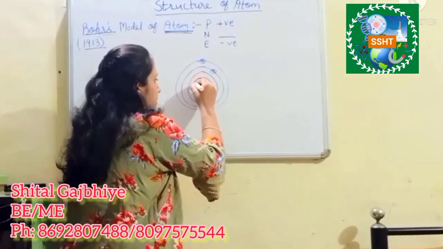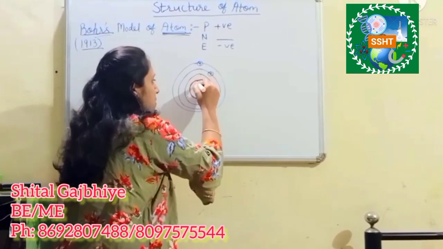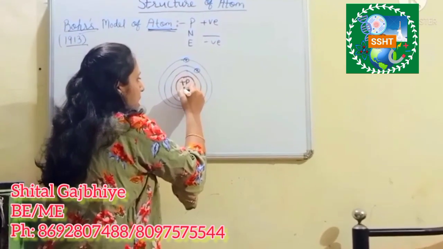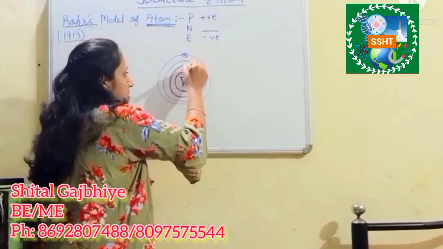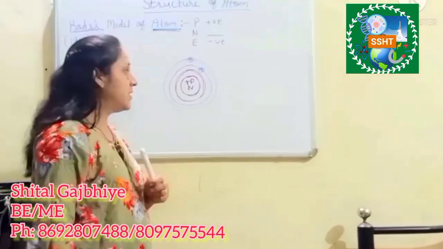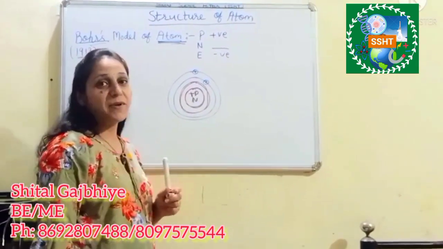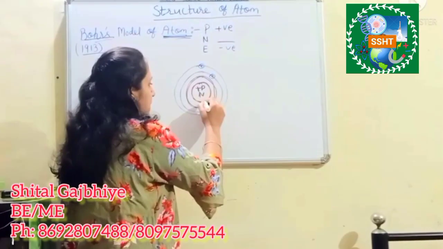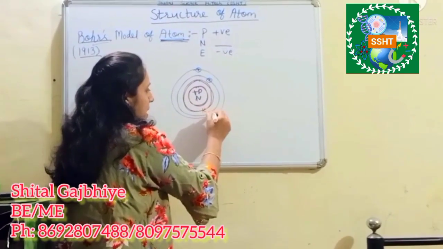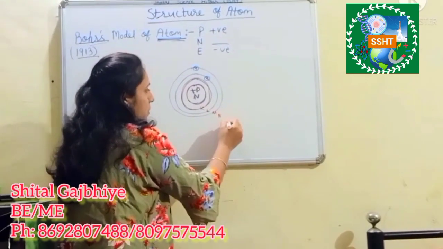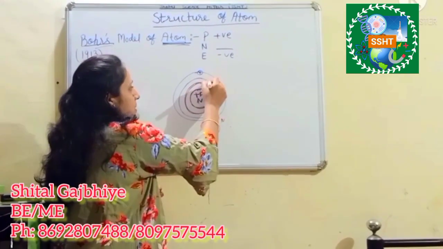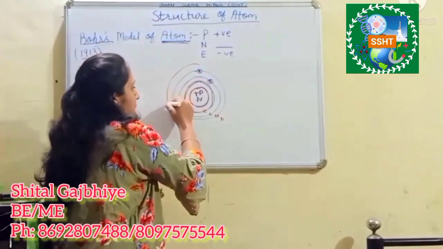At the center, it's a nucleus which consists of protons and neutrons, and the energy levels surround it. Each energy level is represented by the letters K, L, M and N and so on.